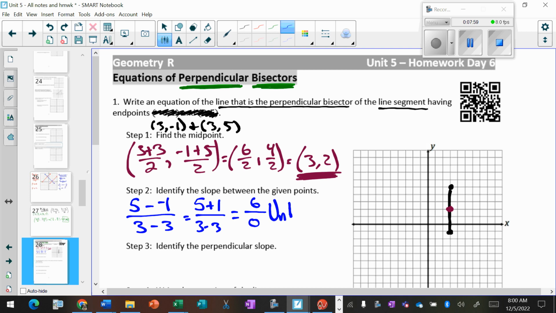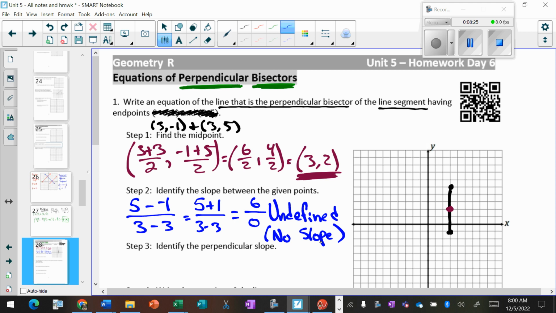And if you type that into the calculator, it will give you an answer that says undef, which is calculator shorthand for undefined, which you may also see or hear called no slope. So the slope of a vertical line is undefined, or sometimes stated as no slope.